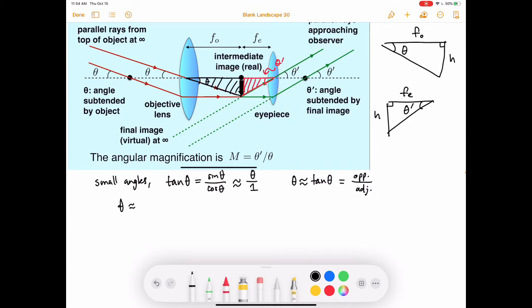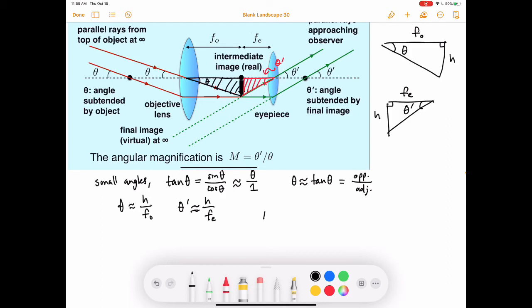So for the first triangle, the opposite side is H, and the adjacent side is FO. For the second one, where the angle is now theta prime, the opposite side is H, and the adjacent side is FE. So that's approximately what those two angles are equal to.